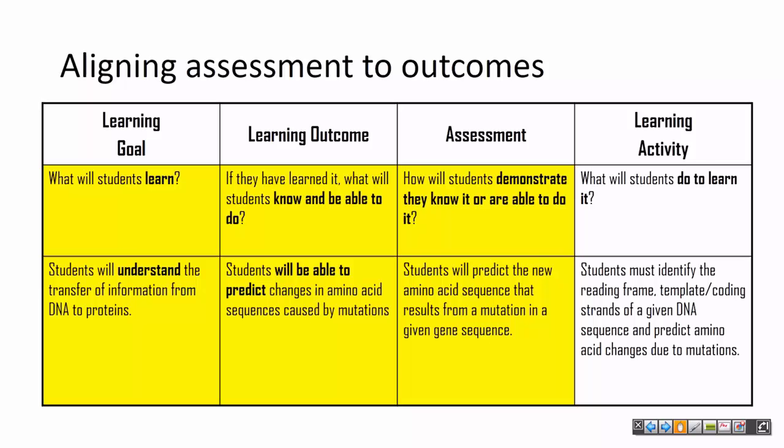That might be getting up to a higher order level once you understand what a lot of these terms are. You would learn to be able to predict those changes. And then the assessment for this specific outcome would be how do they demonstrate this outcome? They'll actually do it. They'll be able to predict the amino acid sequence that results from mutation. So you would write a test question based on that specific outcome.